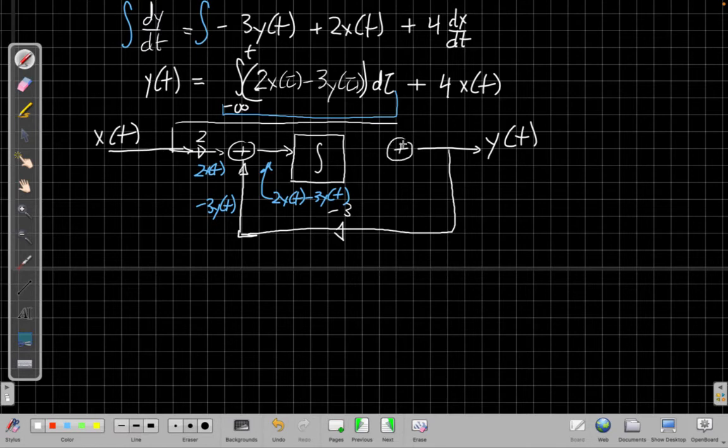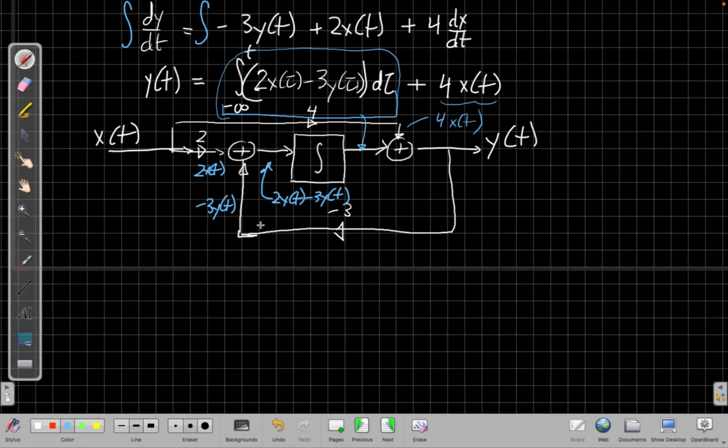I'm going to need an adder here, where I take the output of the integrator, and this branch has a gain of 4, so what's coming through here now is 4x of t. I'm taking 4x of t and adding it to this integral, which is what's coming out of this integrator. I add those 2 pieces together, and that gives me y of t, which keeps getting fed back into this integrator.